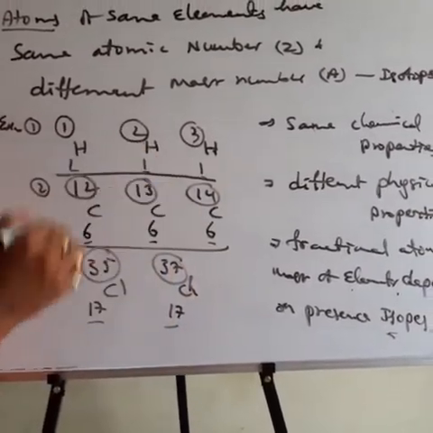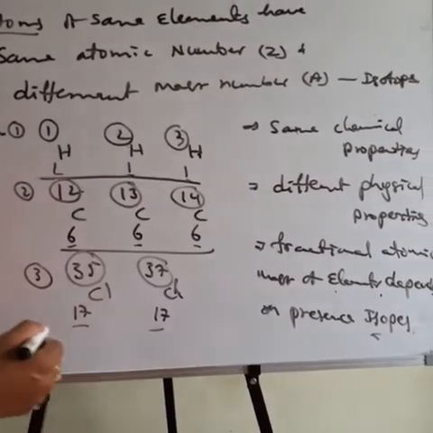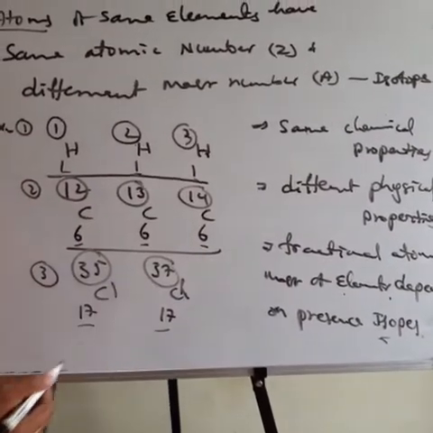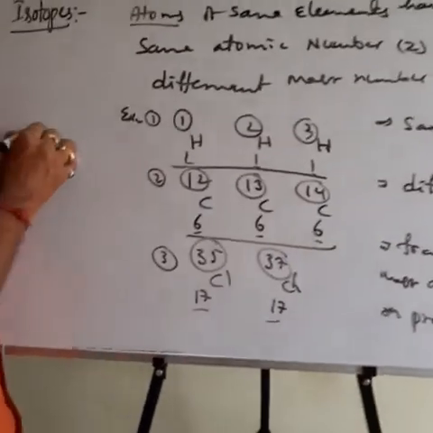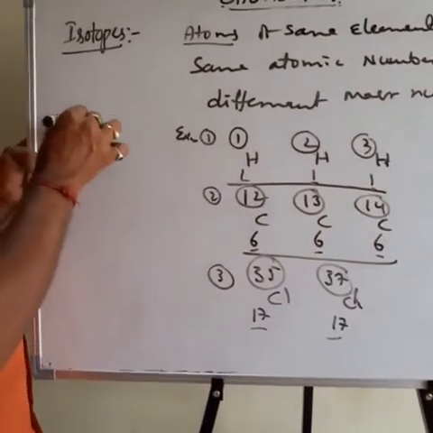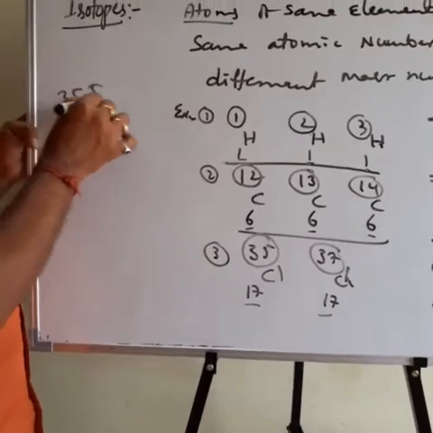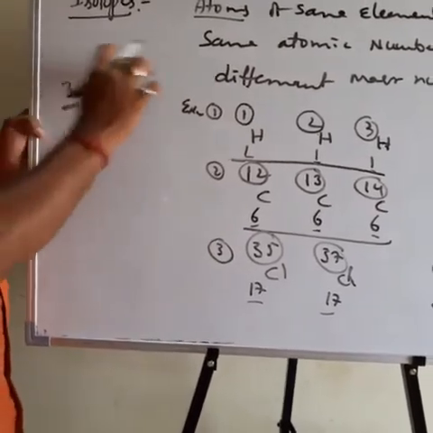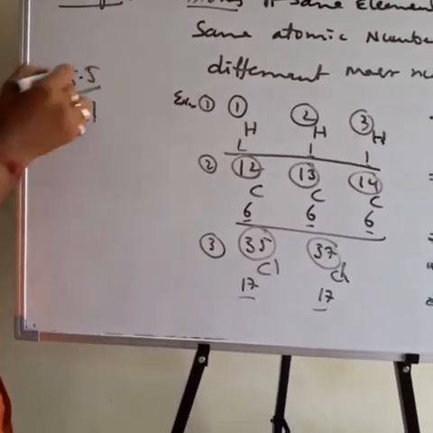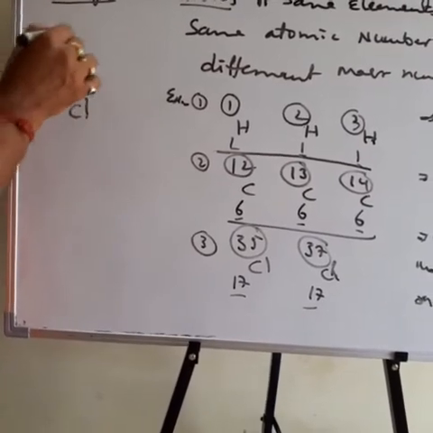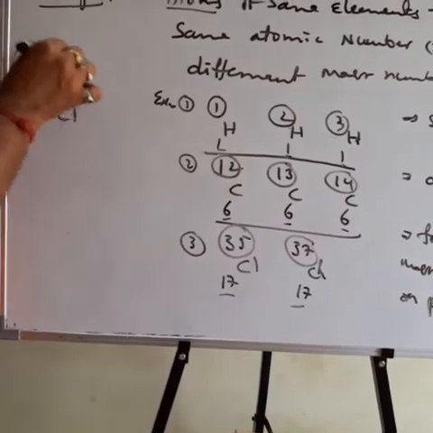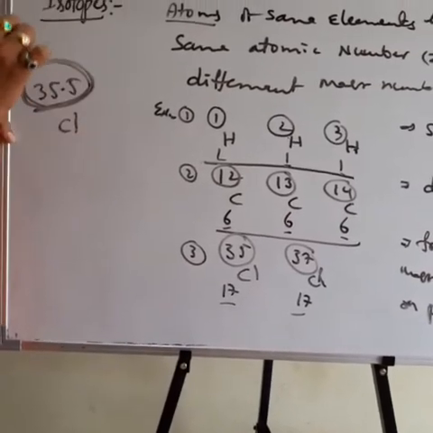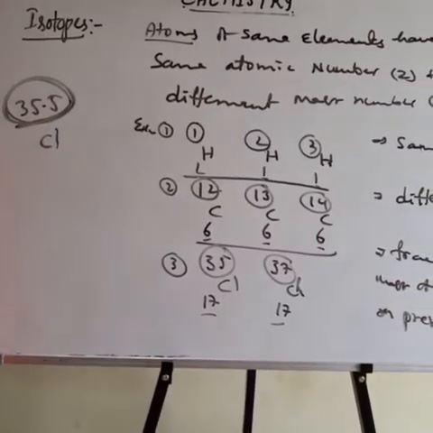This is the normal atomic mass. Fractional atomic mass means, for chlorine, 35 and 37, but the actual mass of chlorine is 35.5. This is fractional atomic mass. It is not a whole number; it has point values like 35.4 or 36.7. The fractional atomic mass of an element depends on the presence of the isotopes.